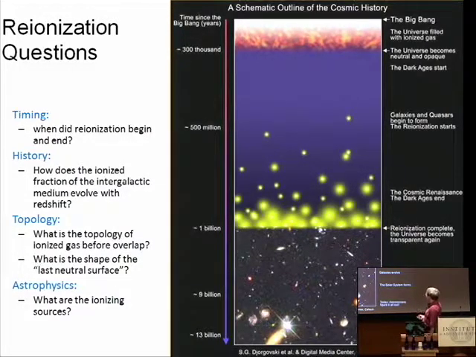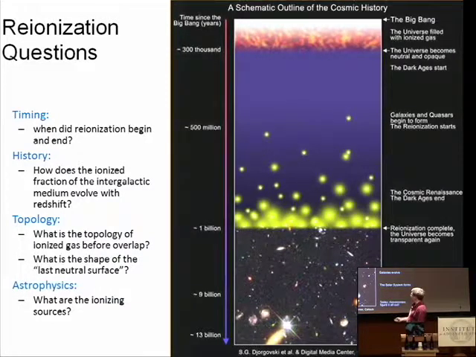And this picks up speed, and eventually you have a complete overlap of these HII regions at about 1 billion years into the history of the universe. Thereafter, the intergalactic medium is fully ionized and essentially transparent to optical and UV radiation, which is why the Hubble telescope can see so far. And so without this reionization, we really wouldn't have observational astronomy, at least optical and UV.